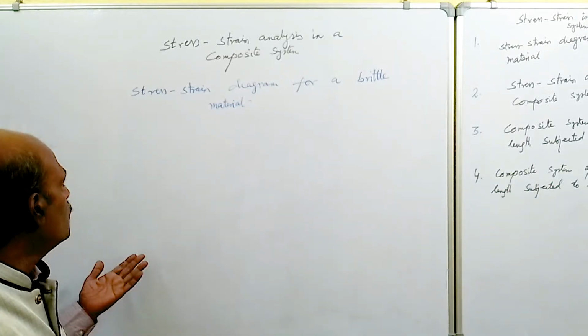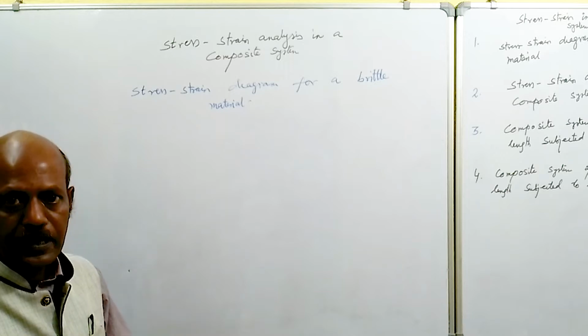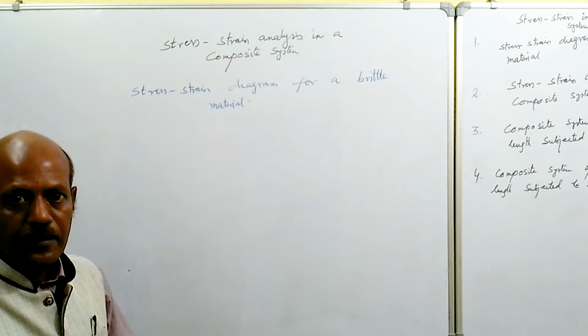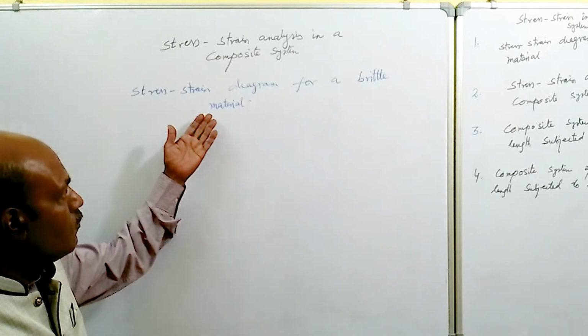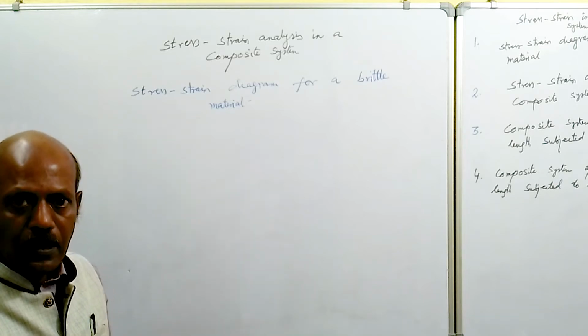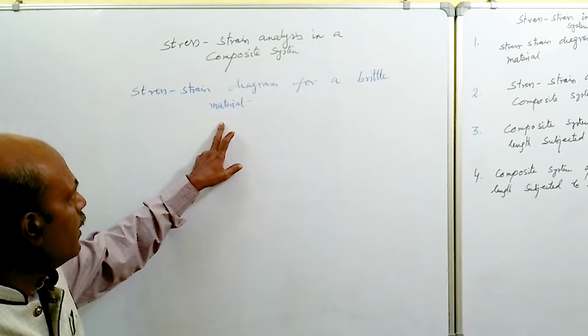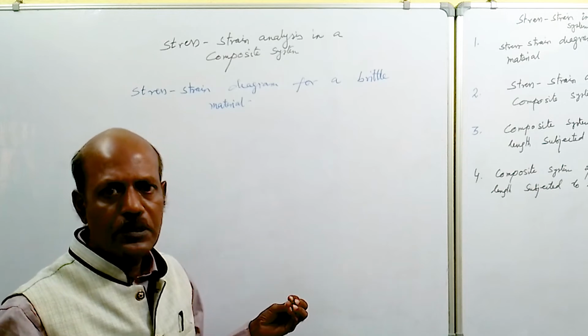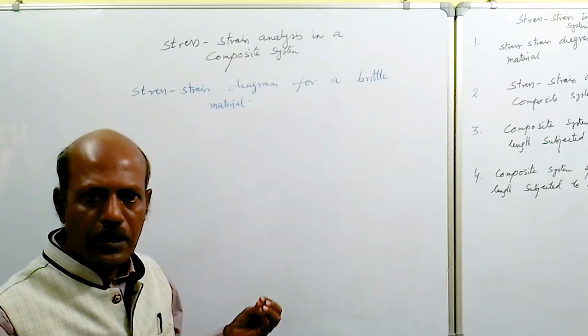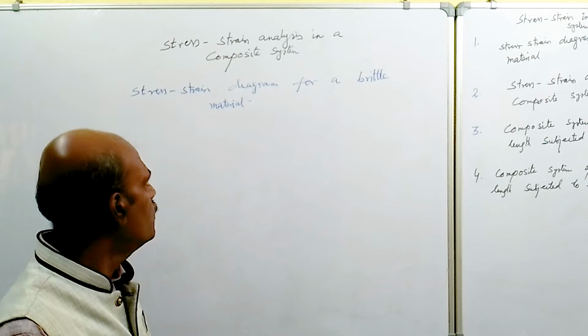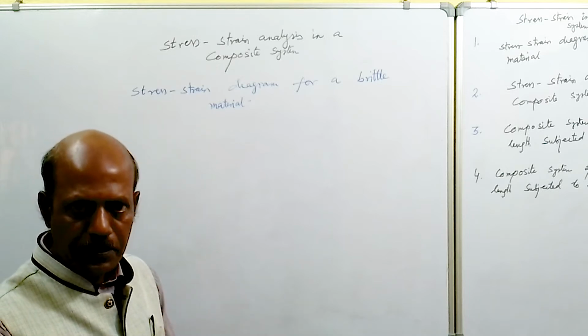Okay, so we have discussed what is a brittle material. When there is a very small deformation produced in the body under load, the body is known as a brittle body.